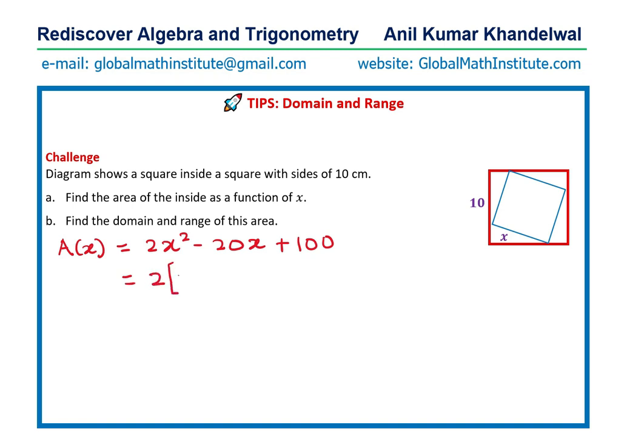I use square brackets. x square minus 10x and keep this 100 away. Since you know you have to add something and subtract something, right? And that something is half of 10. So now you add 5 square, half of 10, and subtract 5 square. Close the bracket. Plus 100.